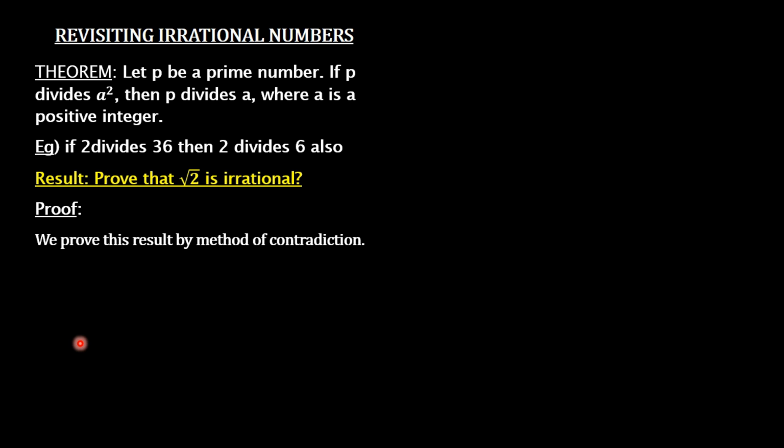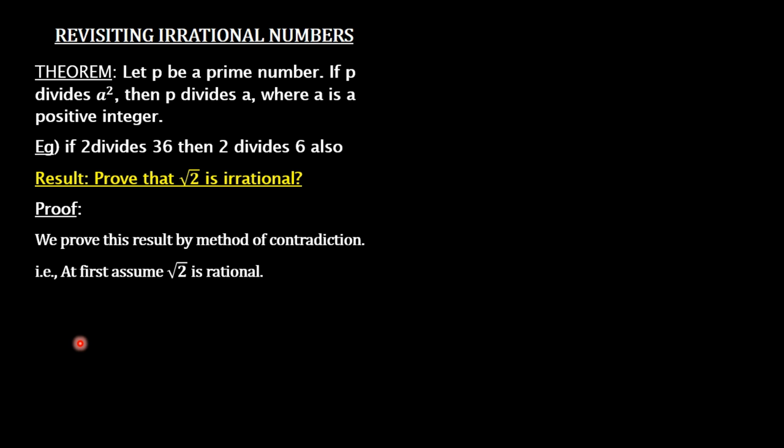In a similar way, we go by a path and check whether we find something wrong in that path. If we find something unnatural, then we conclude our path is wrong. So what is our path here? At first, assume root 2 is rational.